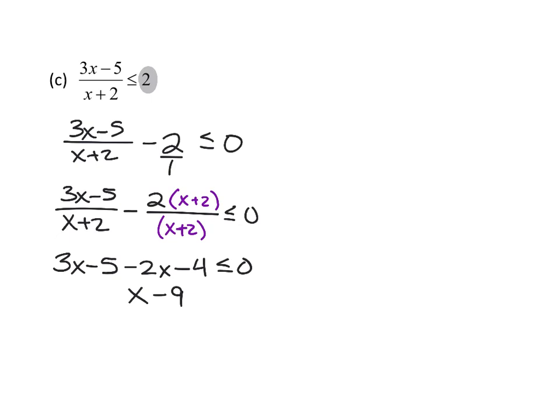We need to solve this numerator that can be equal to 0. Why can this numerator be equal to 0 when the numerator in number 1 had to not be equal to 0? The sign of this problem has the equal to part, so we can make the numerator equal to 0. Great, which means x can be equal to 9. Fabulous. This is my numerator.